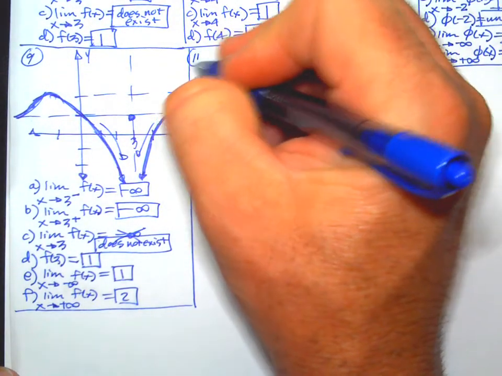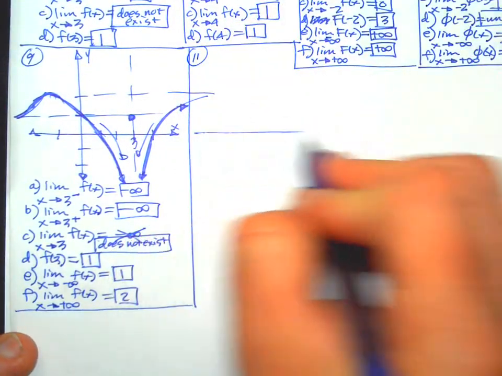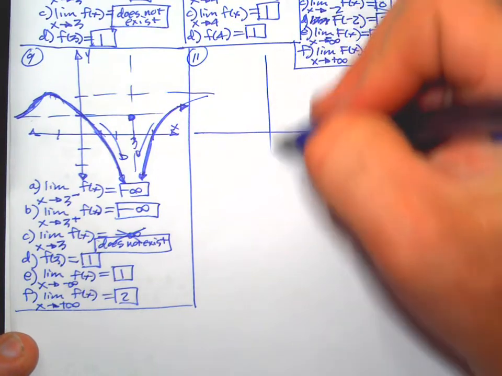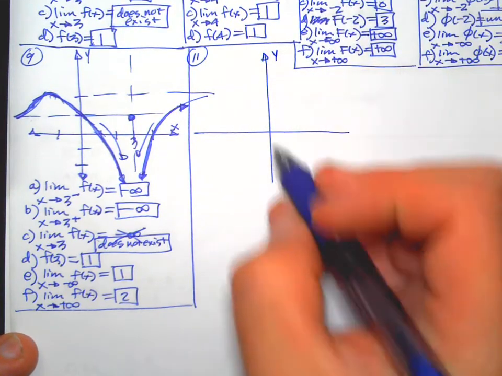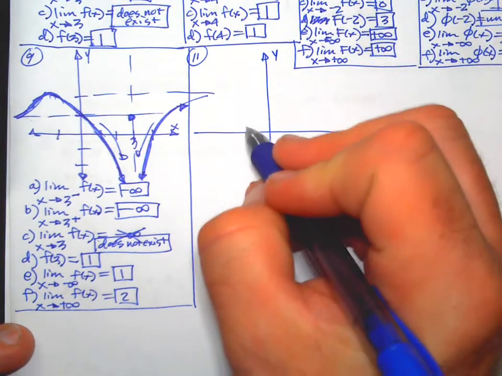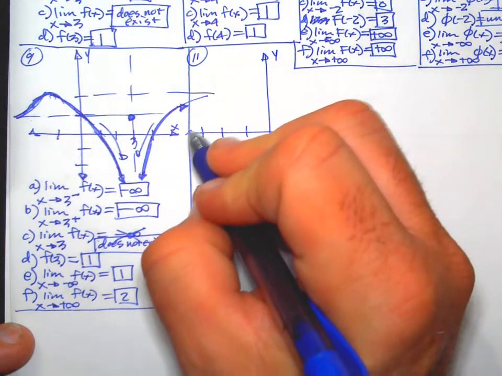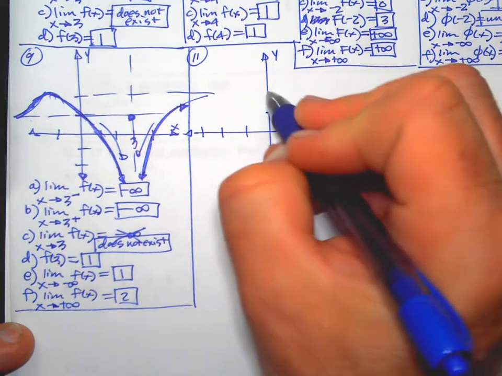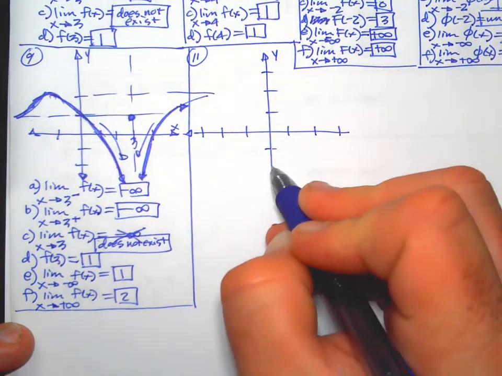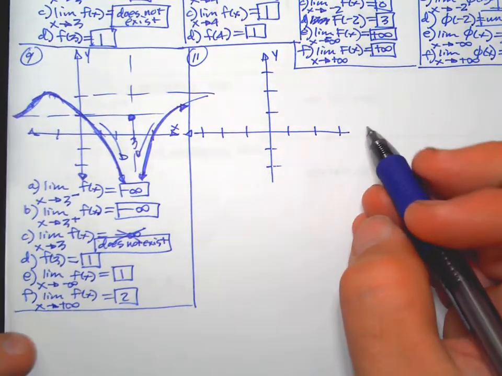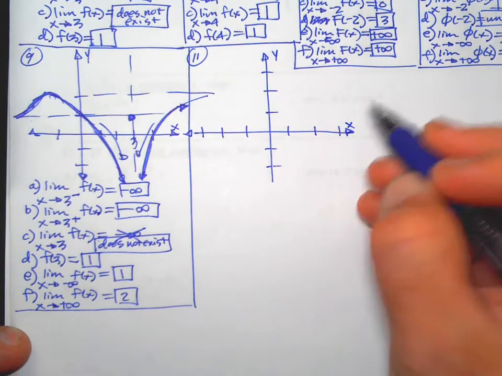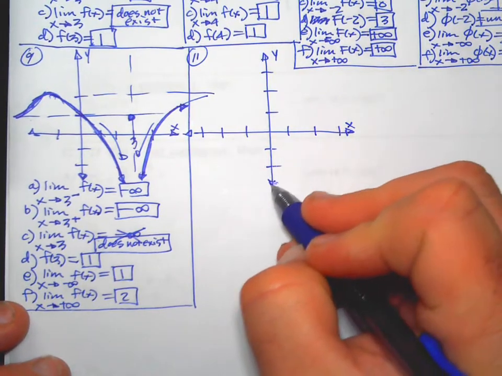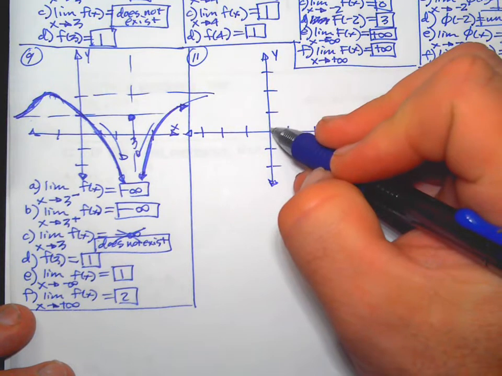Okay, 11. Got a graph. So the graph looks kind of like a sine curve, right?